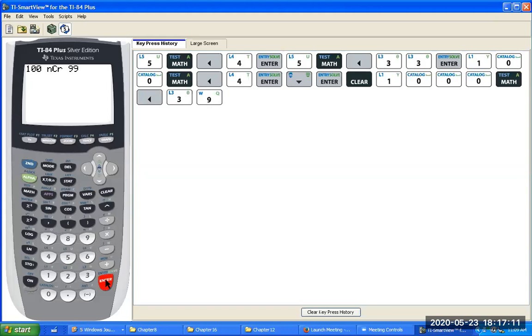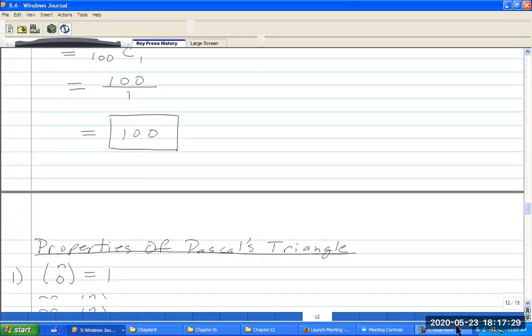It will actually calculate it. So even though it doesn't calculate the 100 factorial, it will do 100C99, because it's not really doing that calculation.